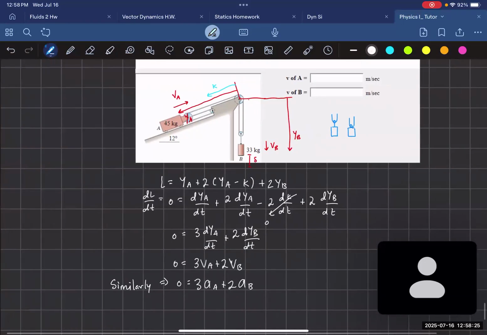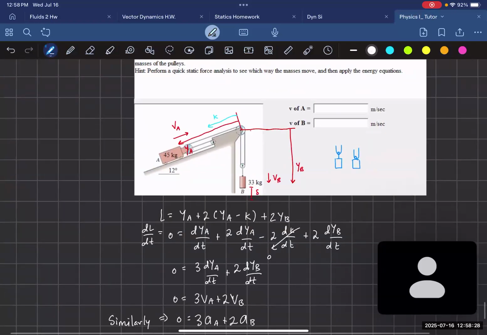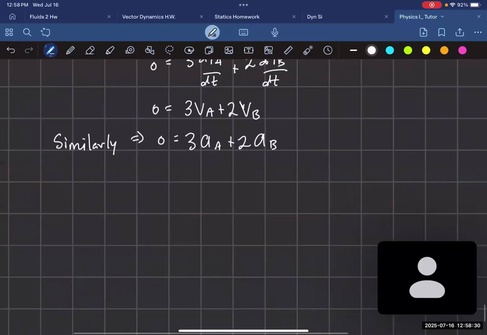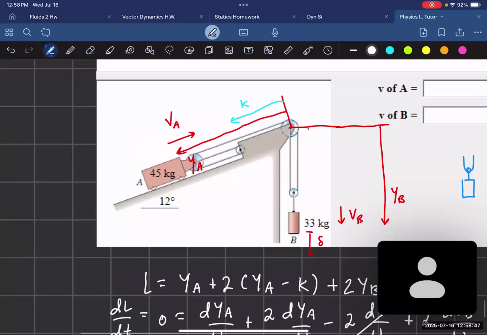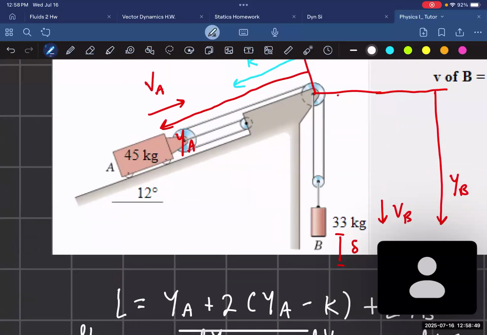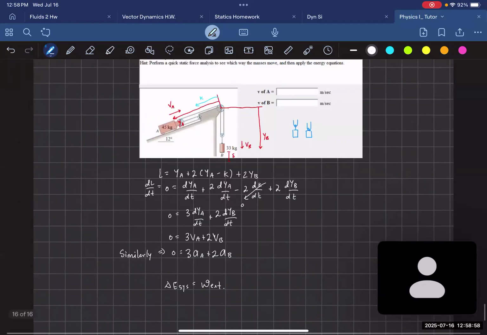And now if we apply the work and energy equation, you get delta E system is equal to work external. Now, there's two different ways to solve this problem, right? What we can do is focus on just one of the boxes, and we can consider the force by the pulleys, or the tension force, as an external force, right?